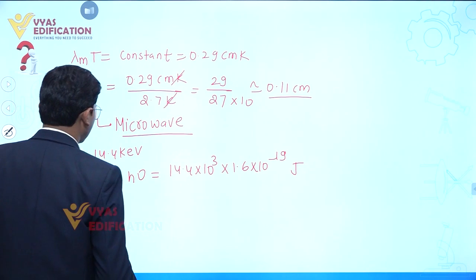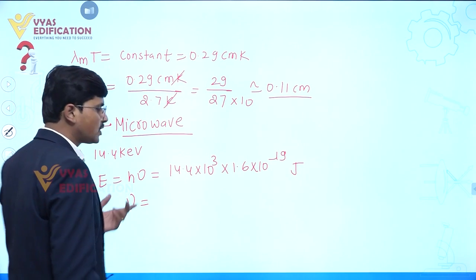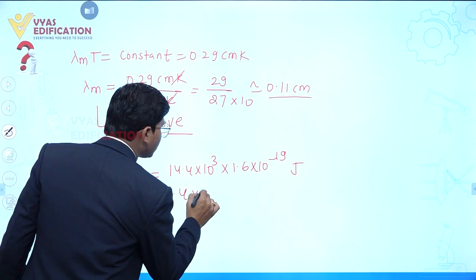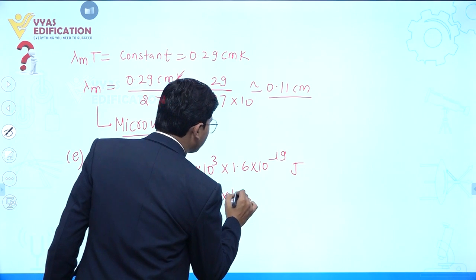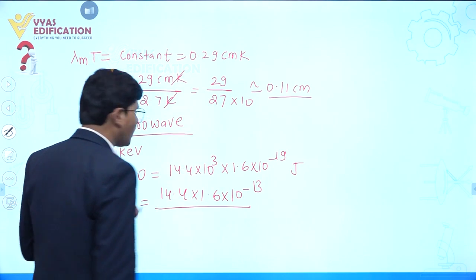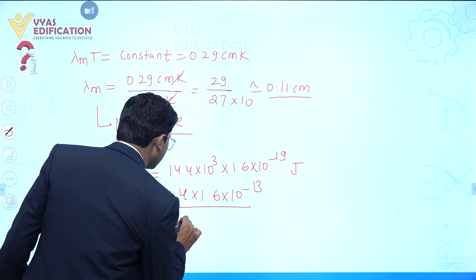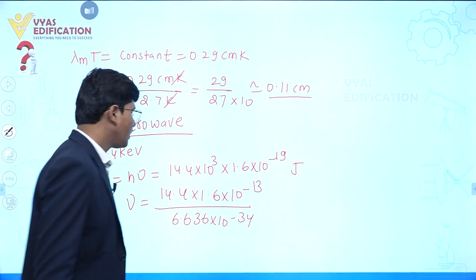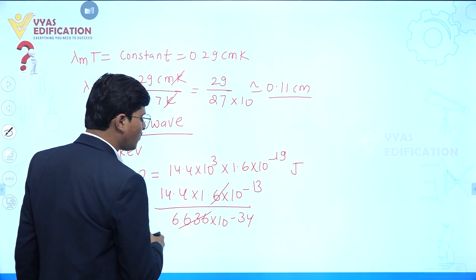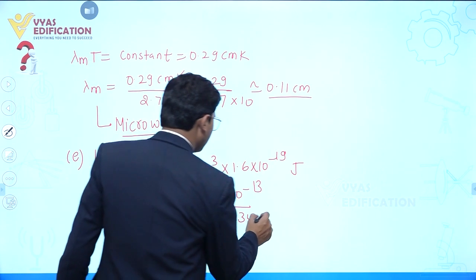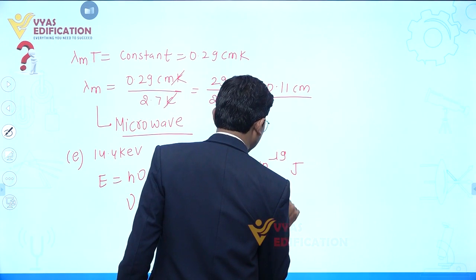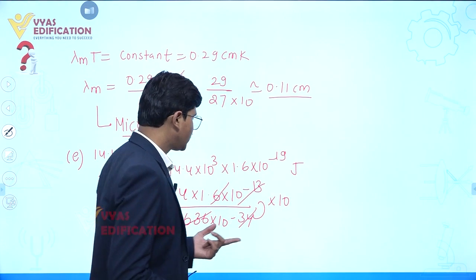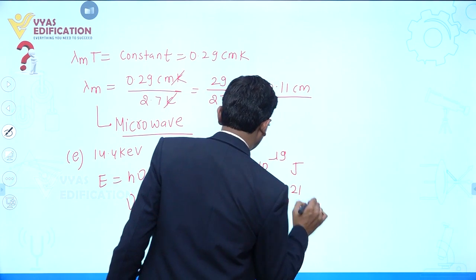Now our objective in this question is to first calculate the value of nu. So 14.4 into 1.6 into 10 to the power minus 13, divided by the value of h, the Planck constant, 6.636 into 10 to the power minus 34, clear. Near about, this cancels out. Taking 10 to the power 34, we can say this is 21, clear.